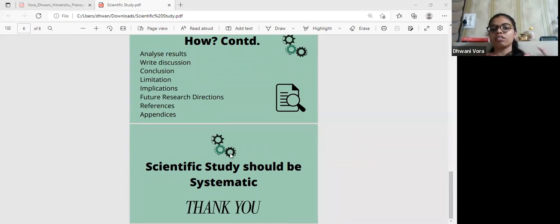Okay, so first, let's do a summary. First, we find out what variables we want to choose, whatever you are interested in. No one should come and tell you to do this research. After this, keep a problem statement ready. After that, start writing the introduction, review of literature, and write the method as well. By that time, start your intervention as well.